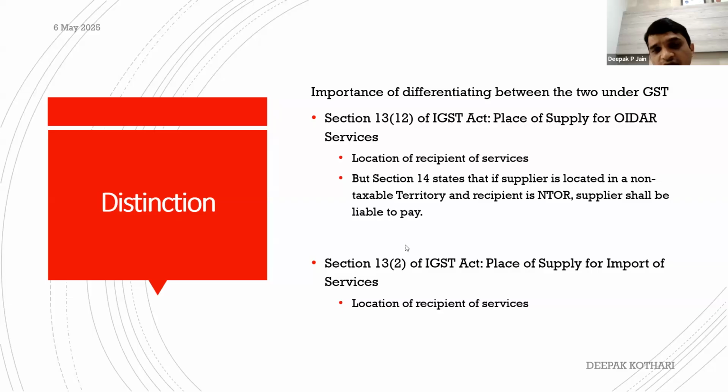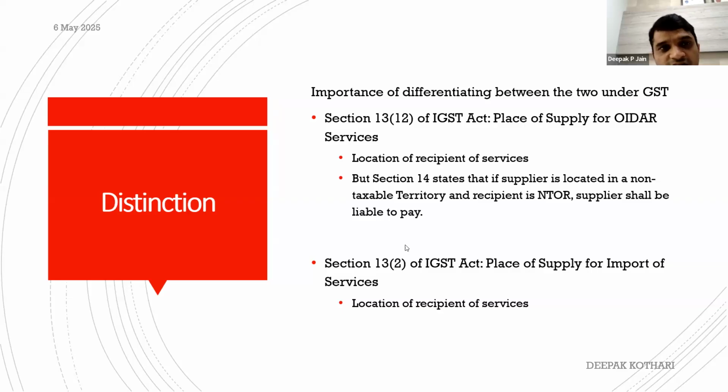But in case of import of services, we'll have to go to the general provision of place of supply, that is section 13(2), which says that the place of supply for import of services shall be the location of the recipient of services. So if a supplier is outside India and the recipient is in India, the place of supply will be India because the recipient is in India.